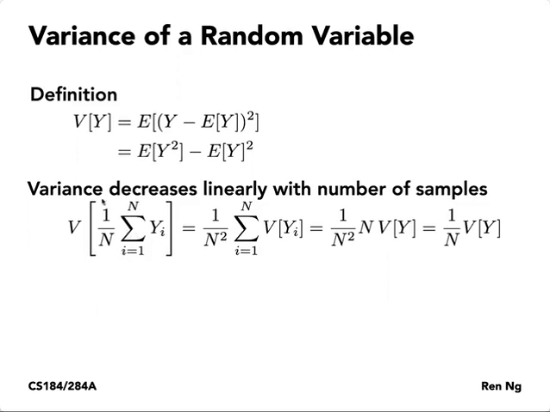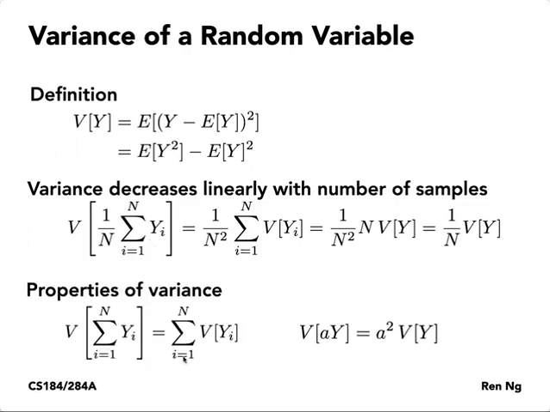If you apply these properties of variance over here, which are similar to the properties of the expectation of random variables I had on the previous slide, just the equivalents for variance, then you can plug these basic properties into this and calculate that the variance of an average of n versions of that random variable is going to be 1 over n times the variance of the single random variable.